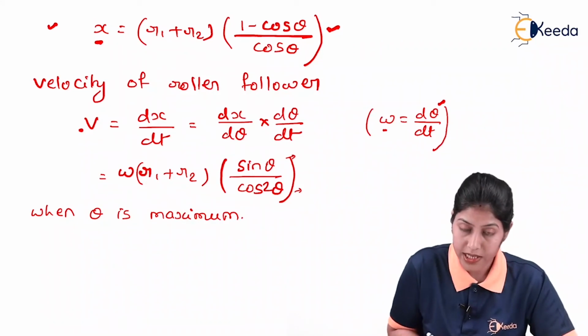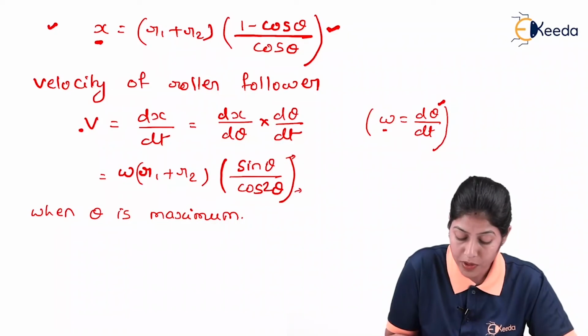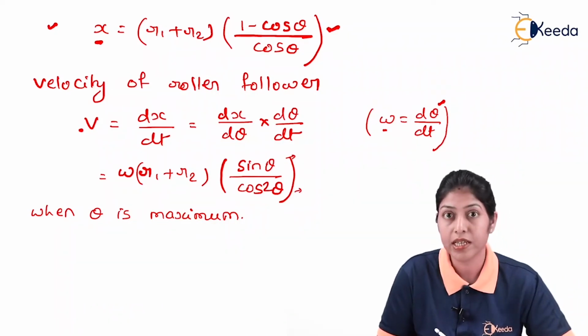In that case, sine theta by cos square theta will continuously increase.